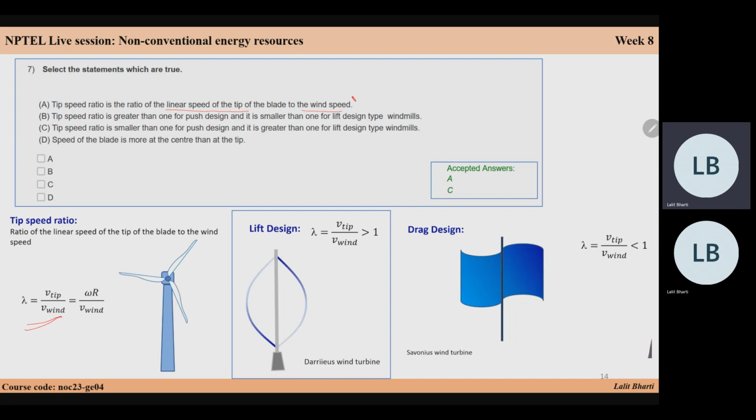Yes, the statement is correct because as we have already discussed, the tip speed ratio is the ratio of the speed of the blade tips, the tangential speed, divided by the speed of wind.